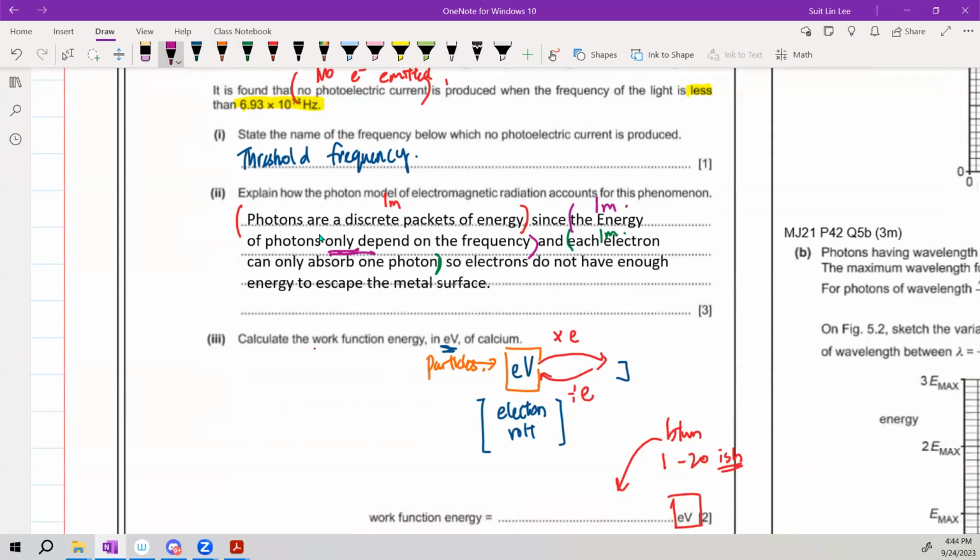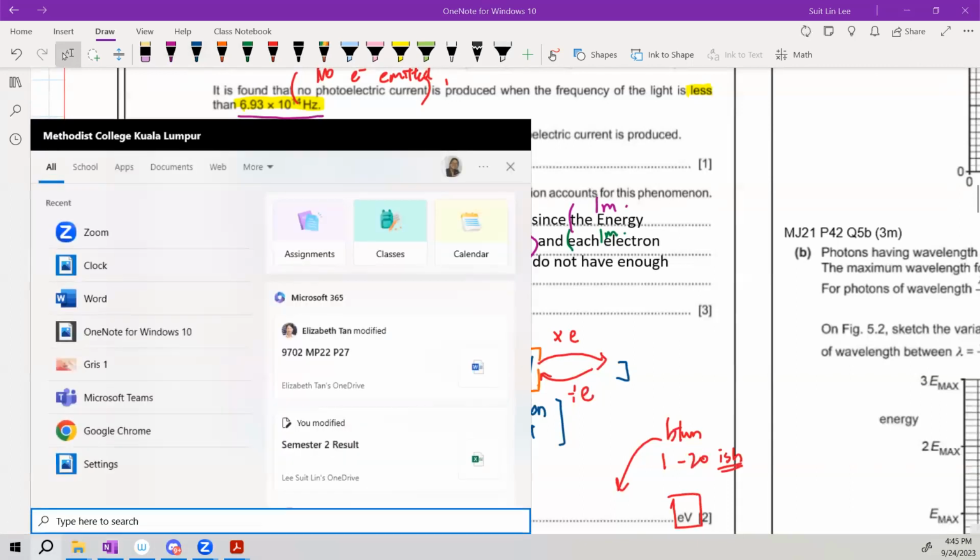All right. But regardless, to find the work function energy phi, I'm going to use hf because I have the value of f. Because these things are in SI unit, so 6.63 times 10 to the power negative 34, and the frequency is 6.93 times 10 to the power of 14. Your answer will also be in SI units.